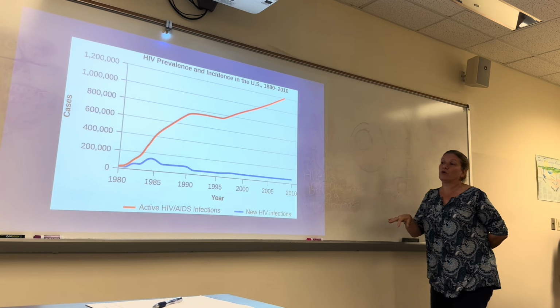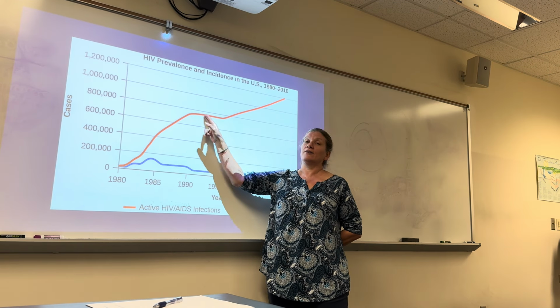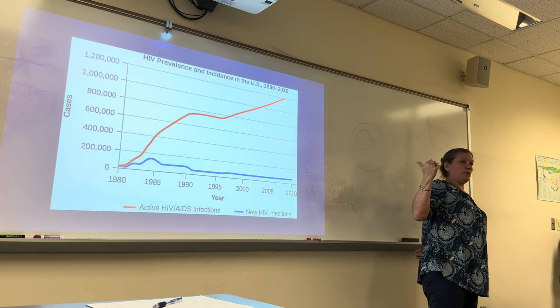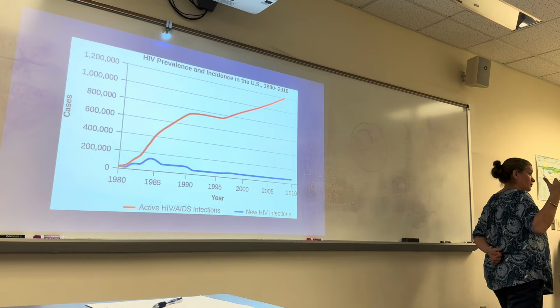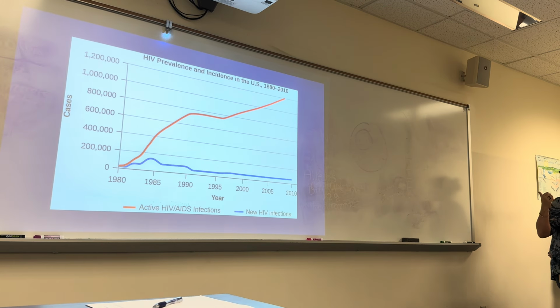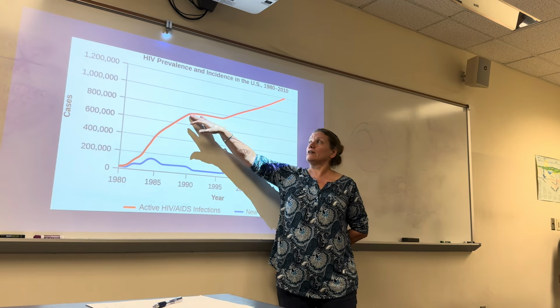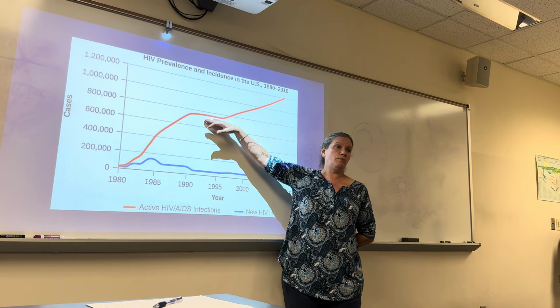But for the total cases, okay, well, when somebody dies, they're not on this chart anymore. Those numbers get taken off the chart. So total cases started leveling off more probably due to the fact that people died.